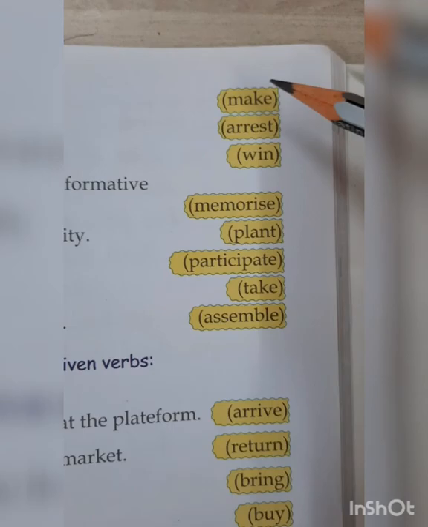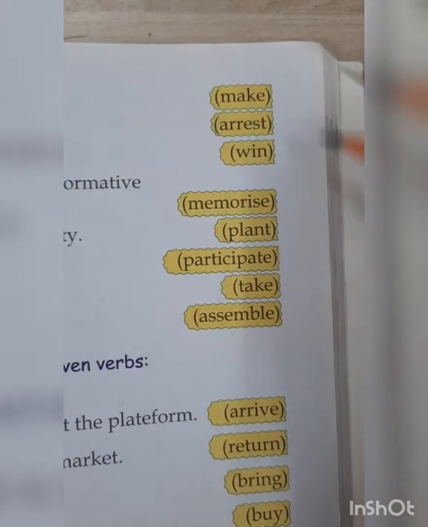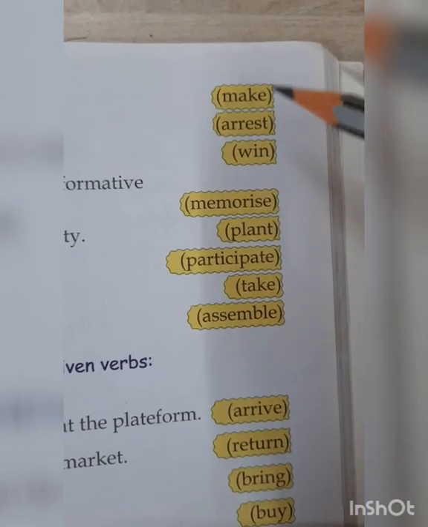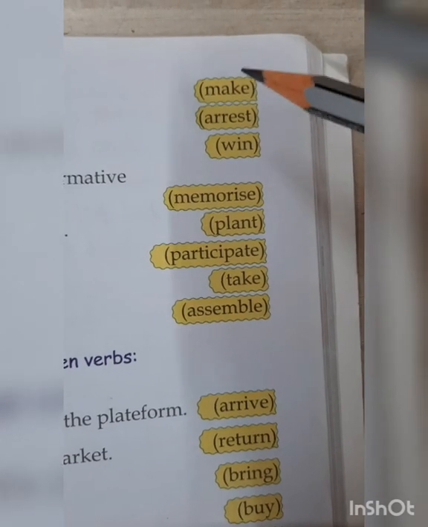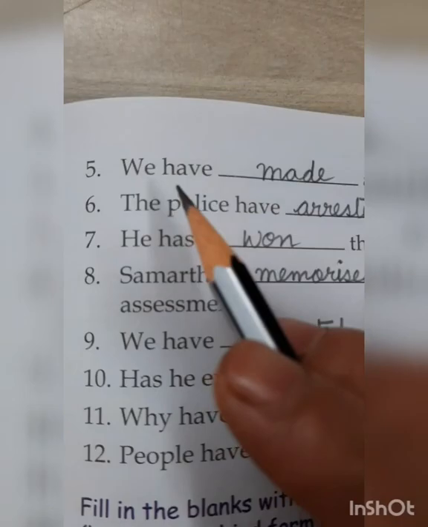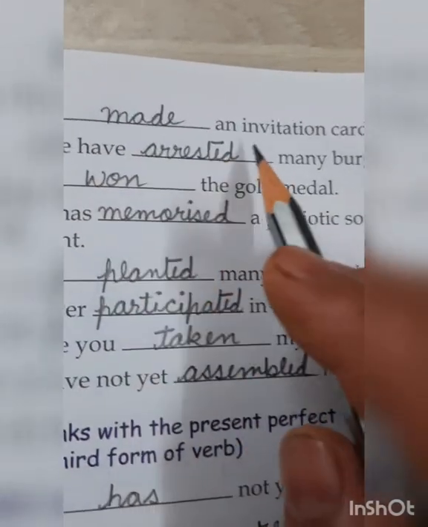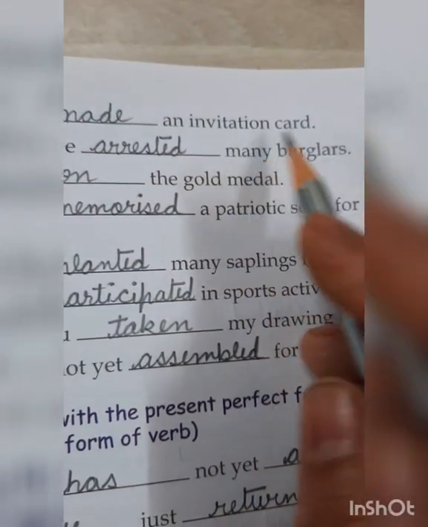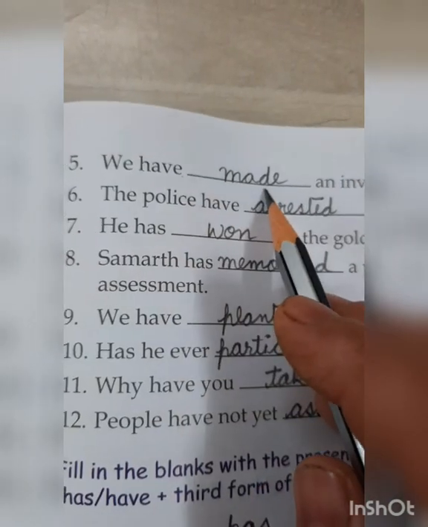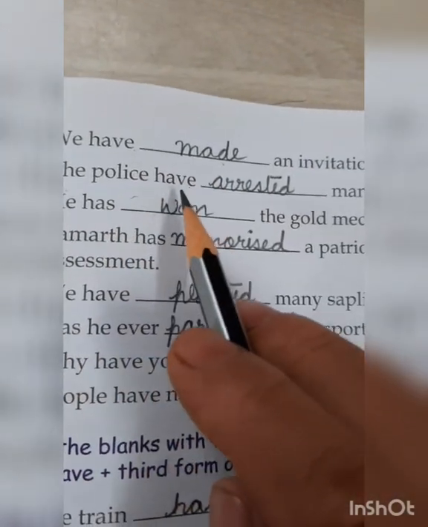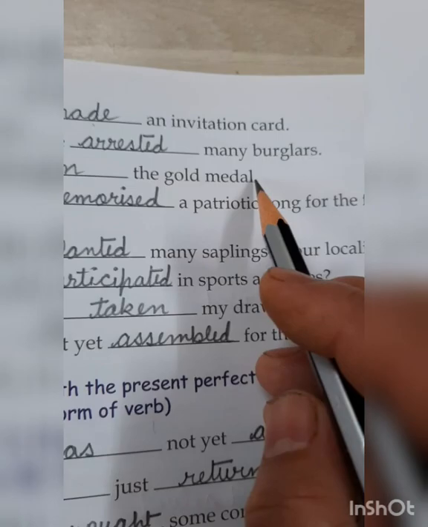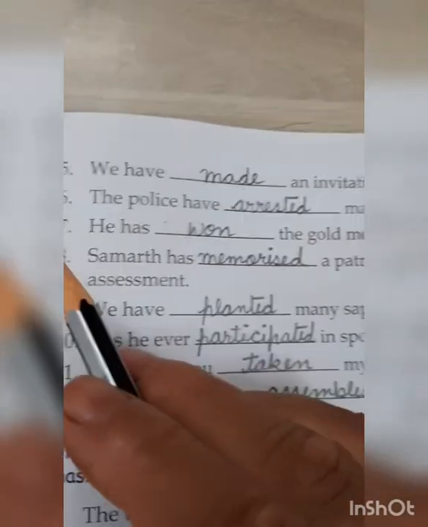Now fifth one, and we have these verbs and we have to use the past participle form of these given verbs. We have made an invitation card. Made. The police have arrested many burglars.